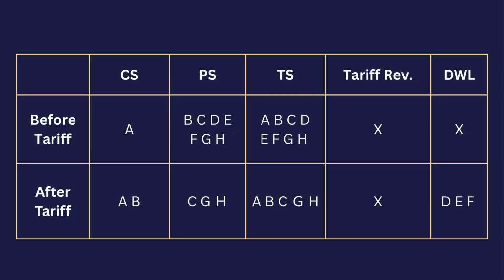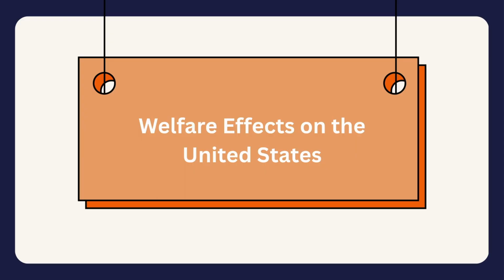In this form, before the tariff, the area of consumer surplus is A, but after the tariff, the consumer surplus becomes A plus B. And the producer surplus after the tariff is only C plus G plus H. The total surplus is smaller than before the tariff. It's only A plus B plus C plus G and H. The total revenue is the same, but after the tariff, there is a deadweight loss. It's D plus E plus F.